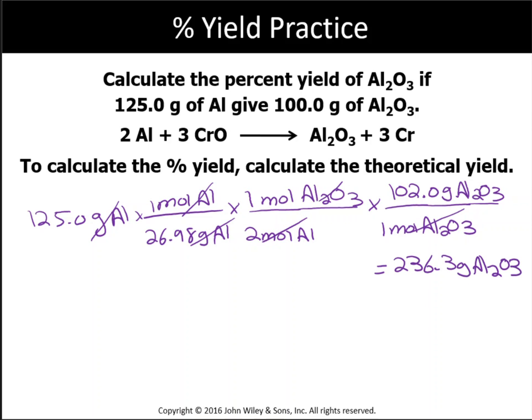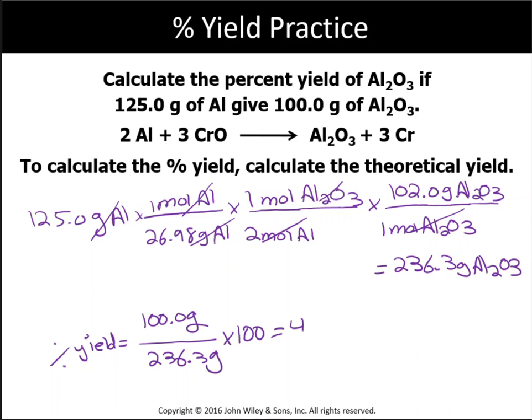So this is the theoretical yield of aluminum oxide. To find the percent yield, it's the actual or experimental yield, which is 100 grams, divided by the theoretical yield, which is 236.3 grams, times 100, which is 42.32%.